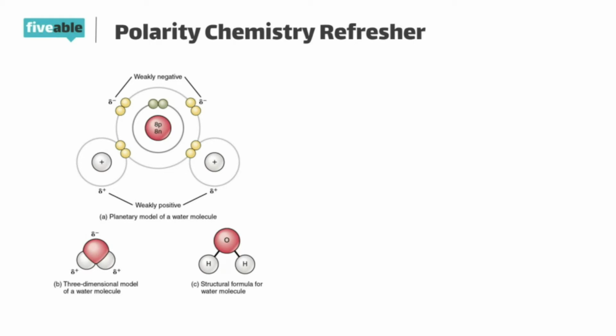So if there's anything you got out of the last 5 minutes or so, water is polar because oxygen is electronegative. It hogs those electrons, making oxygen partially negative and hydrogen partially positive, and so we get this separation of charges in a covalent bond. Okay?